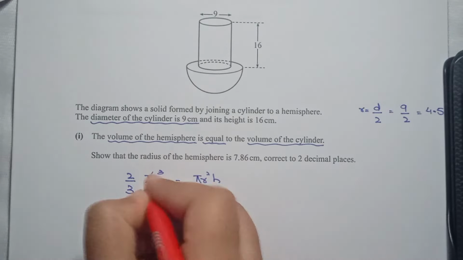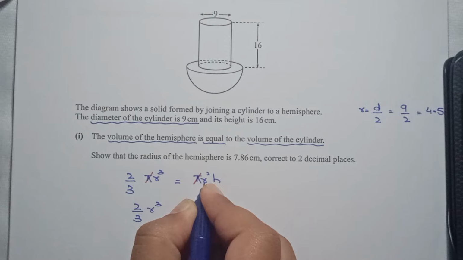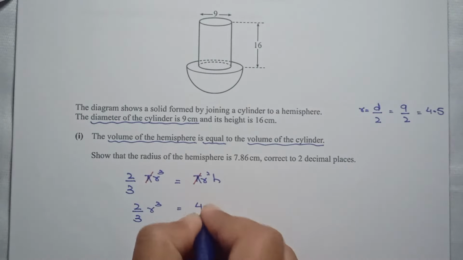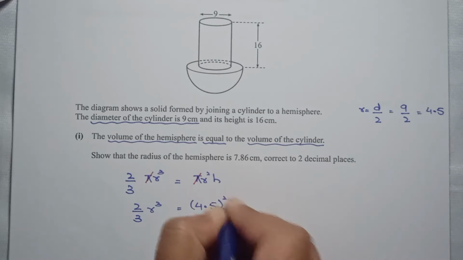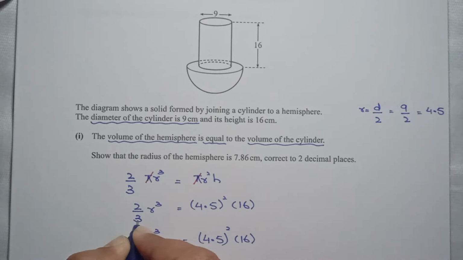So we can cancel the pi from both sides. It would be 2 by 3 r cubed. We don't know the radius of the hemisphere, and this equals the radius of the cylinder, 4.5, whole squared, times the height of the cylinder, 16, right? So r cubed equals 4.5 squared times 16, multiplied by 3 by 2.